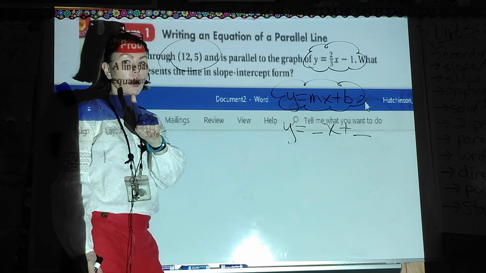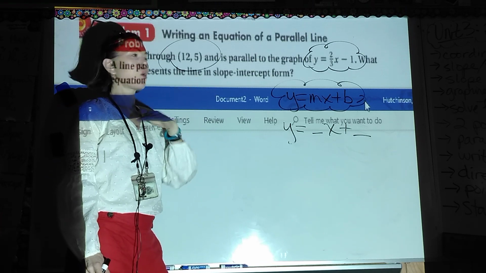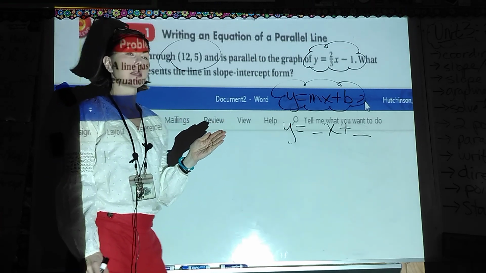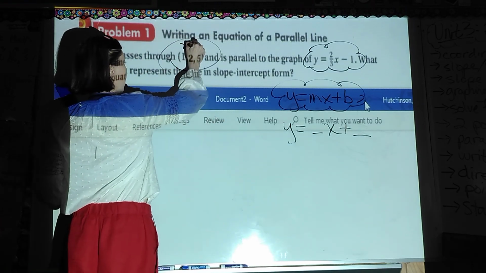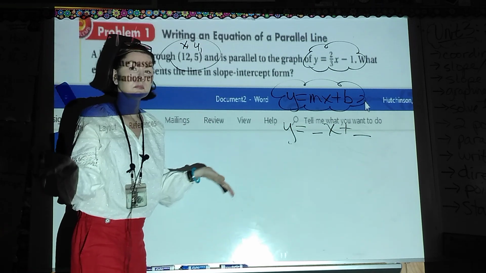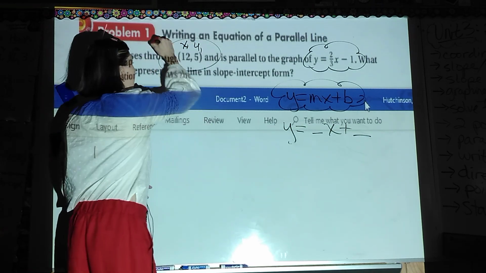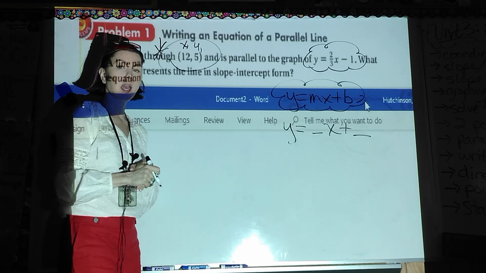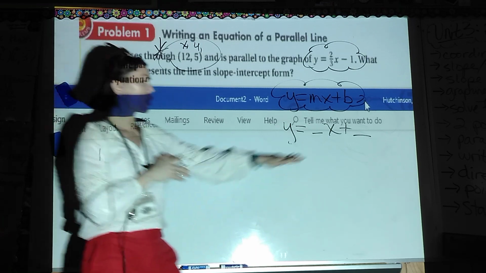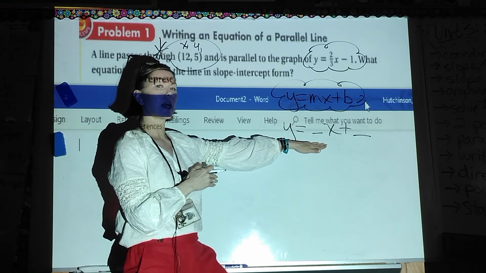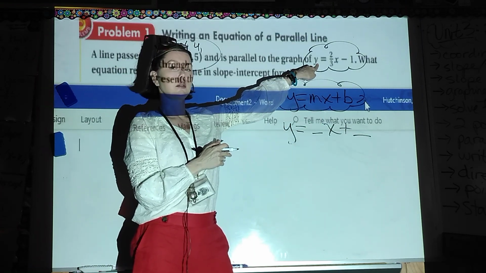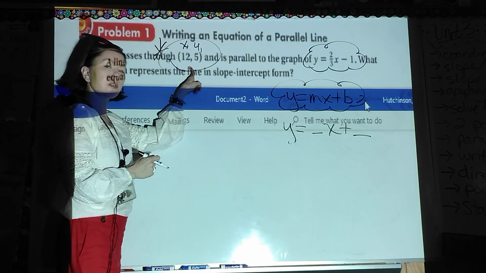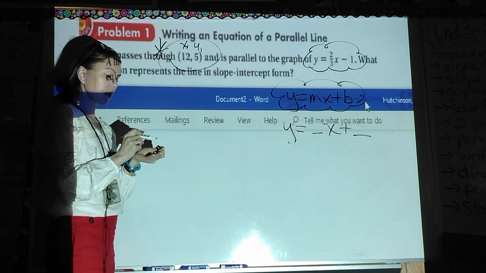Whether they give you 1 point or 2 points, whenever they give you a point, what do we write? x sub 1, y sub 1. Put the star. Don't forget that. So we have to write the equation of a line that is parallel to this line, that passes through this point. Well, not too difficult, right?